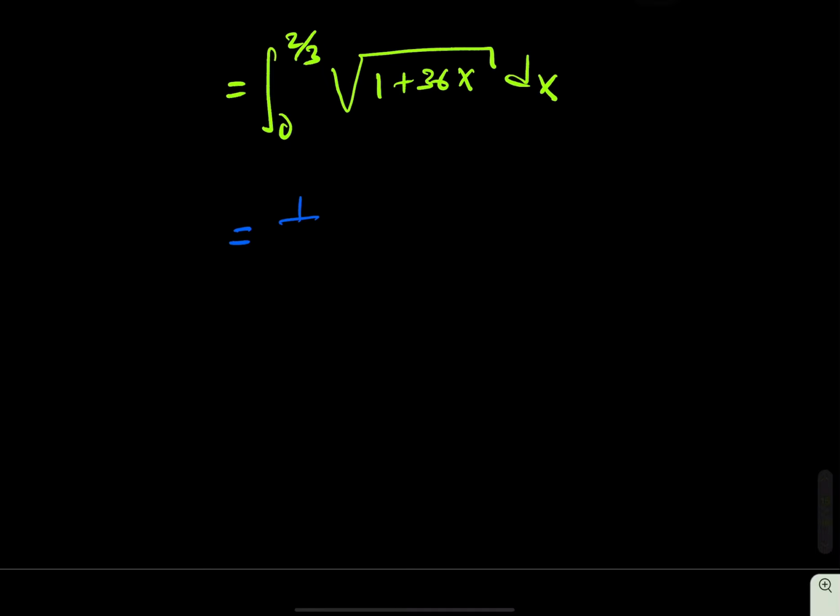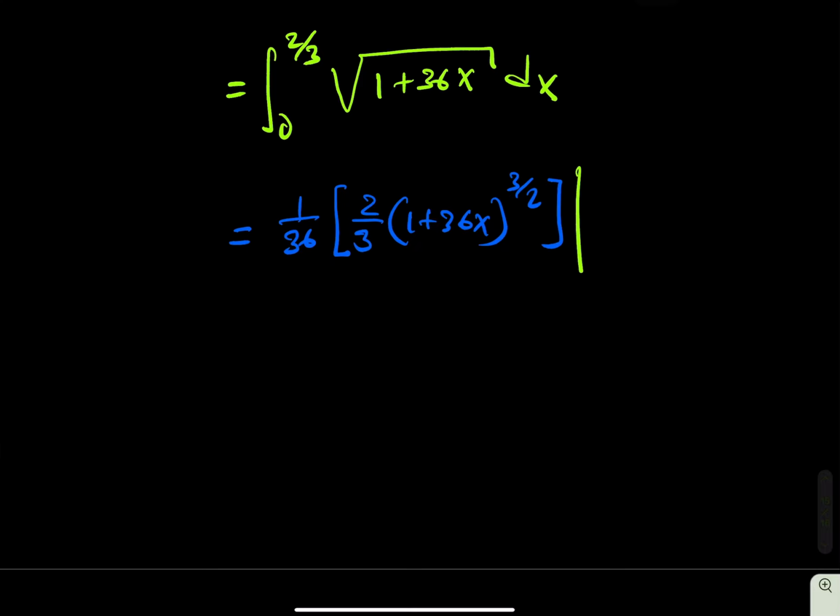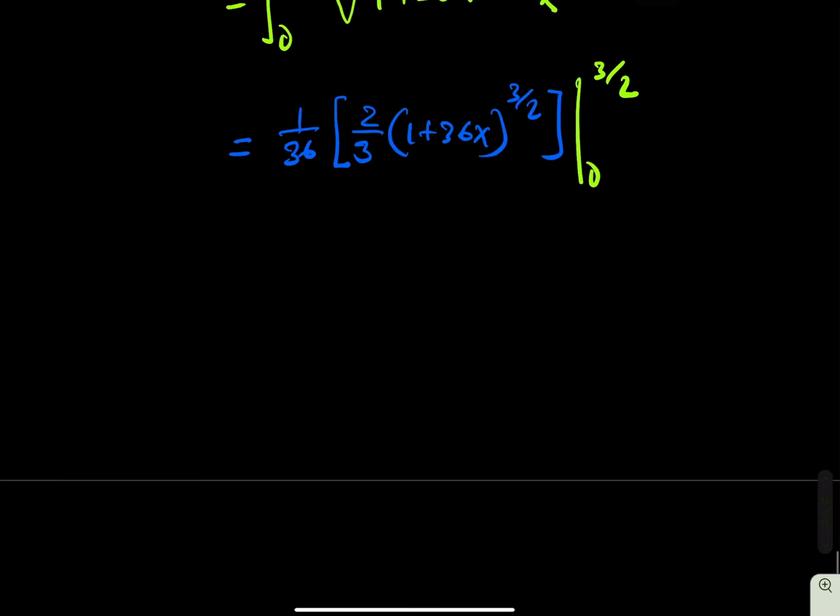It's going to be 1 over 36 into, you add 1 to the half, so it's 3 over 2, which is 2 over 3, but your u is what is inside, so that is going to be 1 plus 36x to the power 3 over 2, the opposite of that one. You close that, and then you need to get your bounds, that is from 0 to 2 over 3.